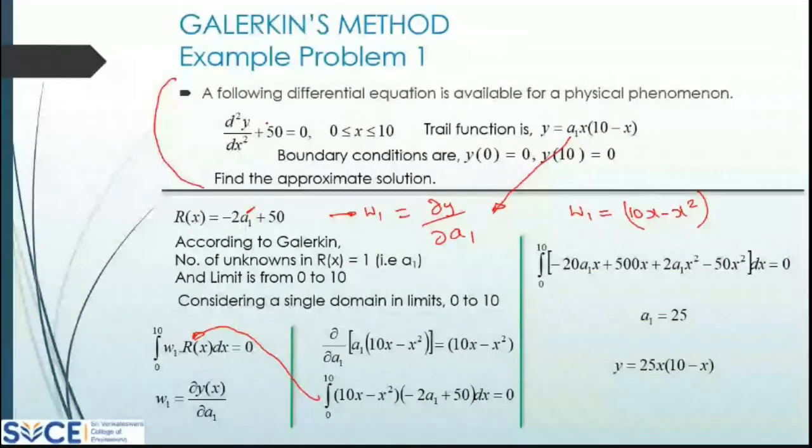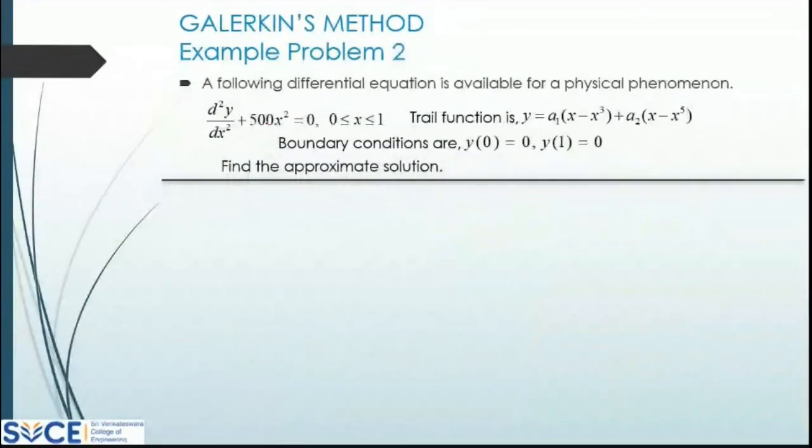So let me go for the next one. It has two trial functions, and you know what my r of x is, since we substituted to get r of x. In r of x, I have two unknowns, a1 and a2, which means I need w1, which is dou y by dou a1.